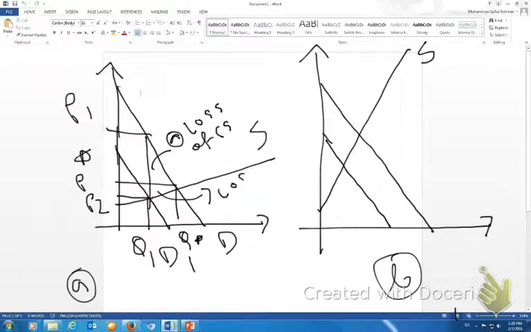B is the loss of producer surplus. If this is A and this is B, we should see immediately that in case A, our consumer is bearing the larger share of the burden, right? Because the triangle is much larger.